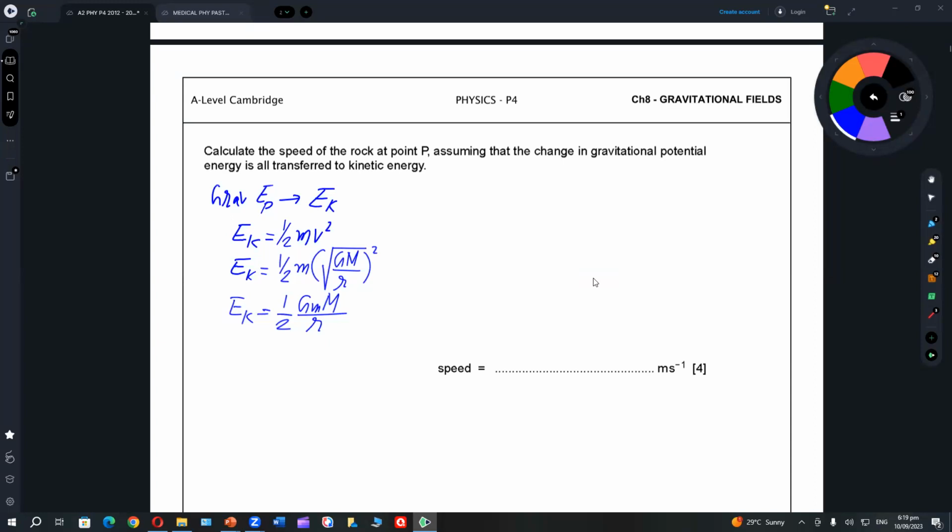Or we can put kinetic equal to potential, but we need kinetic energy here.